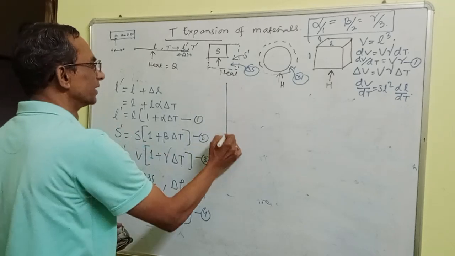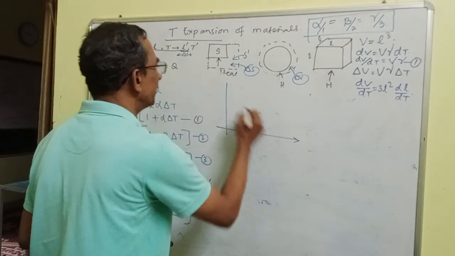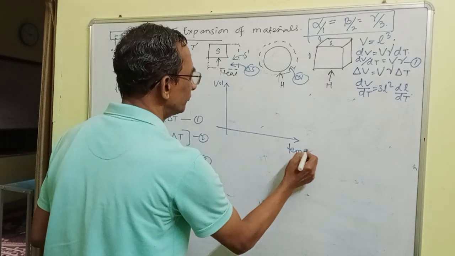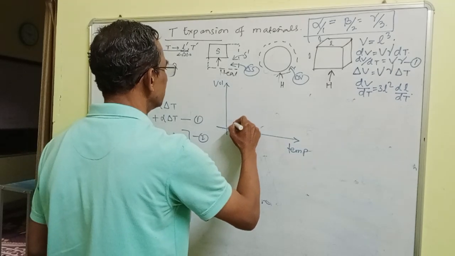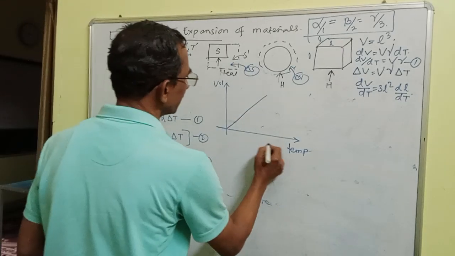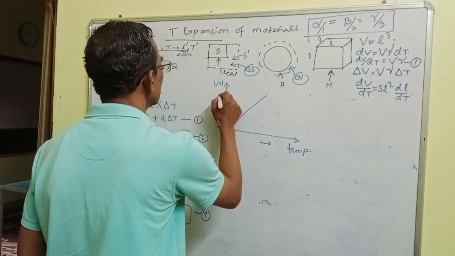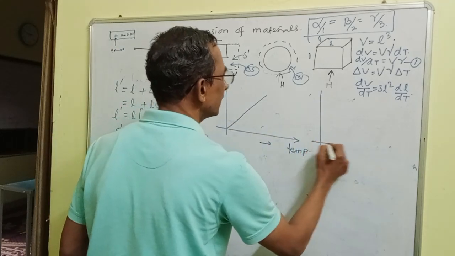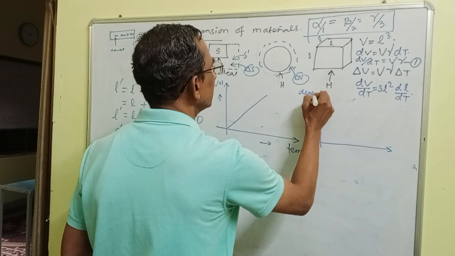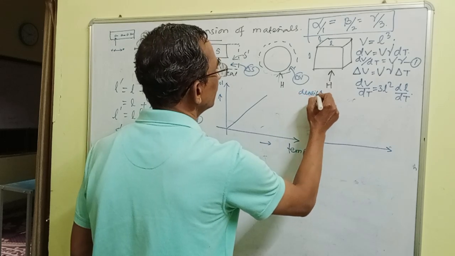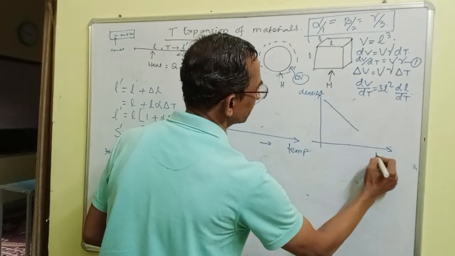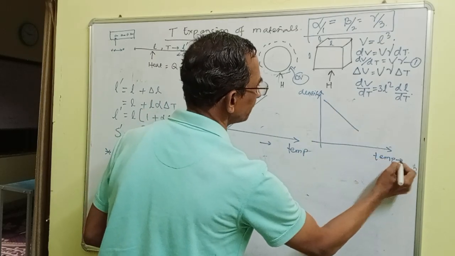If we draw a graph between volume and temperature, we find there is an increase in volume once temperature is increased. Accordingly, density will decrease as temperature increases.